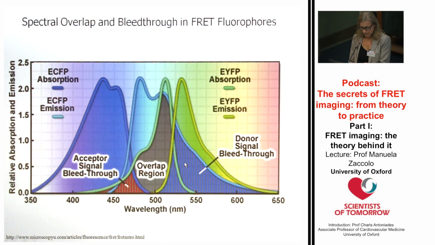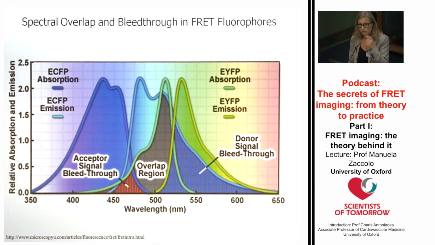As you can see here, for the CFP-YFP couple this is very significant, and it varies a little depending on the specific setup that you're using. For example, in our systems we measure that it can represent up to 40% of the signal that you collect in the YFP channel.